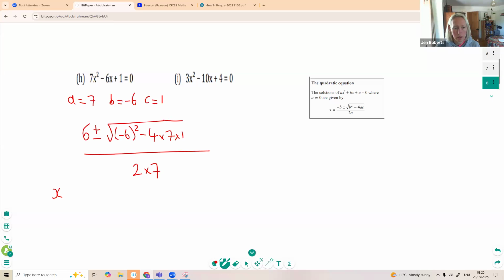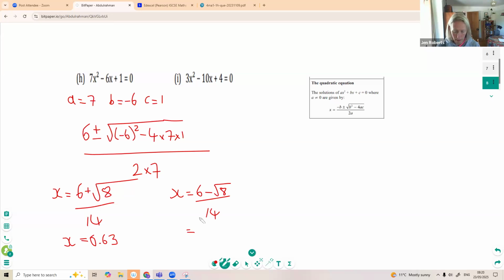One of your solutions, 6 plus root, 6 squared minus 4 times 7 times 1 is 8 again. 6 plus root 8 all over 14 is 0.63. And the other solution, 6 minus root 8 all over 14, is 0.23.